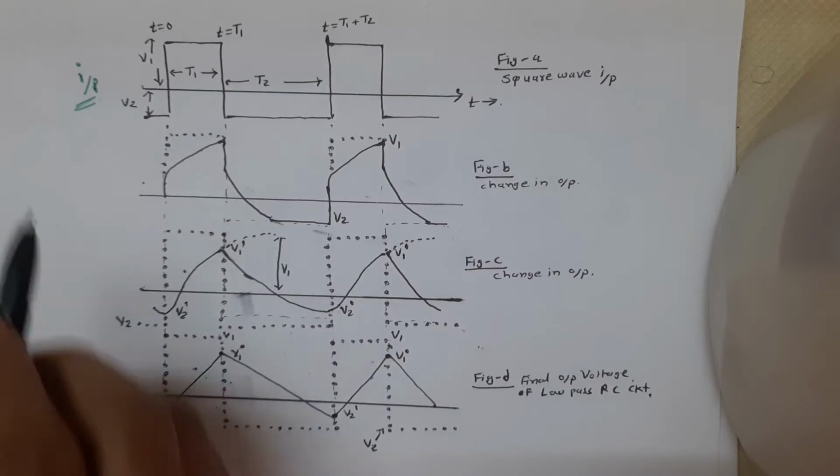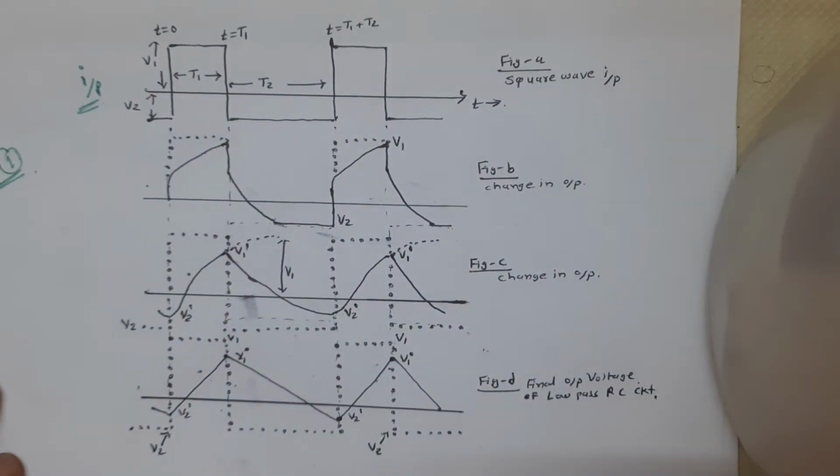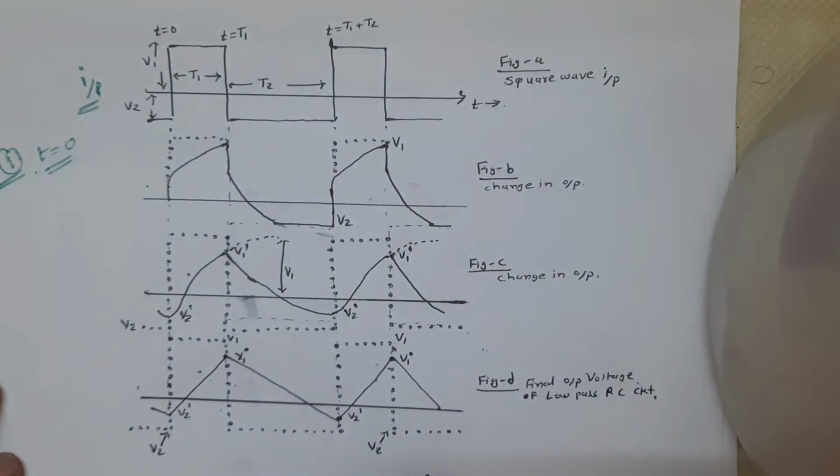First, when we apply the square wave to the input of the low pass filter circuit, as soon as the positive step voltage is applied, almost all the voltage drops across the resistance R and no voltage appears across C. Therefore, the output at time t equal to 0 seconds is 0.